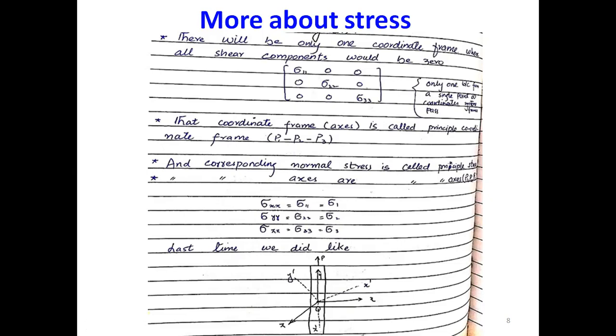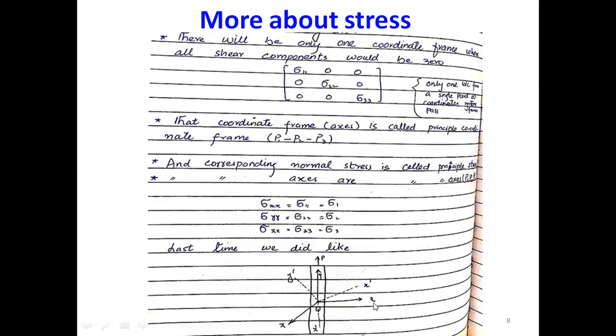So just go back to what we have discussed in our previous lecture. We discussed that if we have a rod and we are subjecting the rod to a tensile loading, and we take a point Q inside the material, and if we calculate the stress, the value of the stress depends upon the orientation of the cutting plane or orientation of the frame.